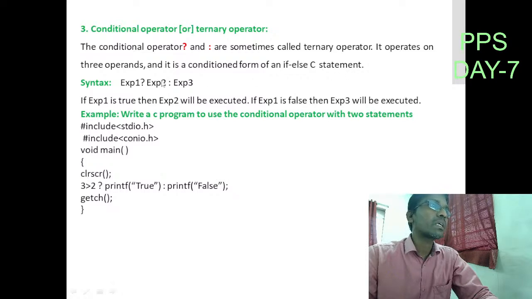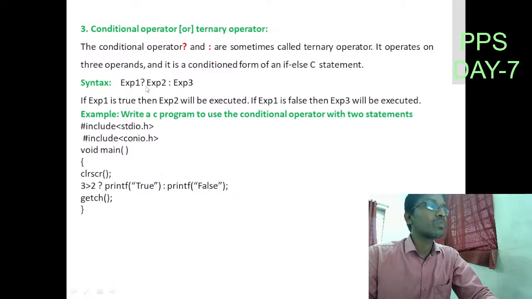Here you are not going to use the if keyword or else keyword for writing a condition. Instead, you use the syntax: expression 1 question mark expression 2 colon expression 3.